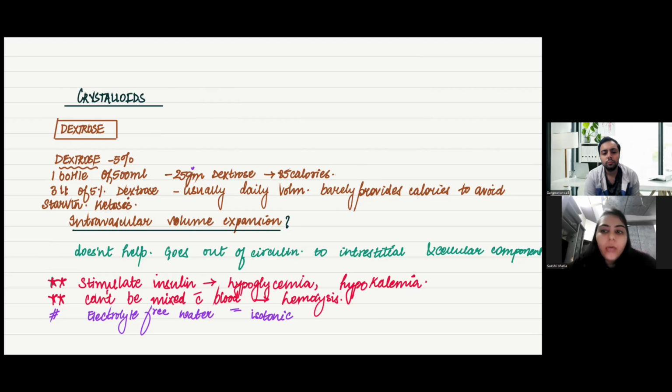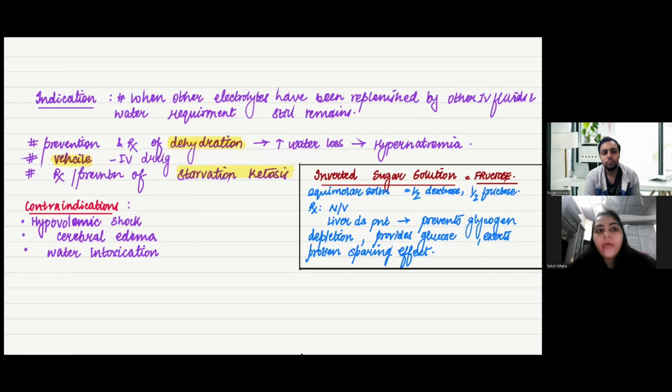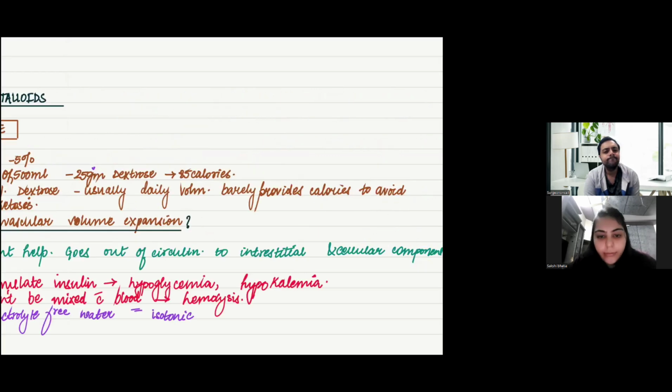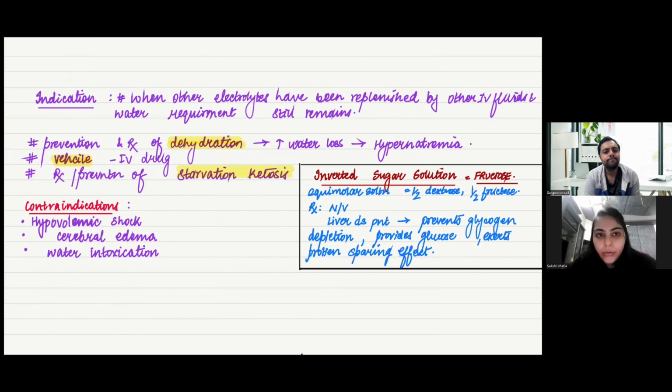Now, what are the indications of dextrose? Since it is electrolyte-free water, when other electrolytes have been replenished by IV fluid, the water requirement still remains high. In that case, we have to give dextrose to a patient.